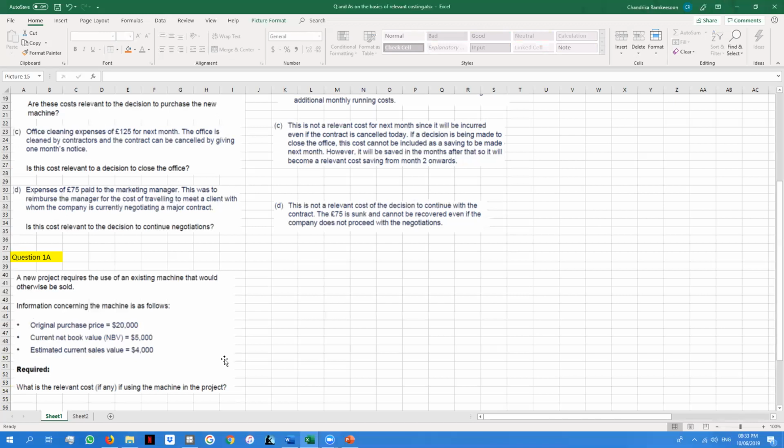Now this is where some people may have issues. Let's assume we've got the management accountant who believes in relevant costing and decision making, and we've got the financial accountant who only relies on historical costs because he prepares financial statements, and of course financial statements are normally based on historic costs.